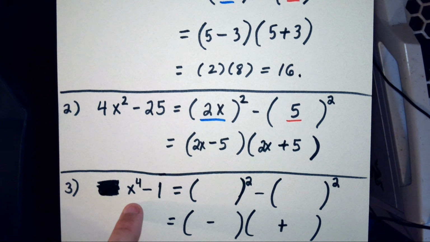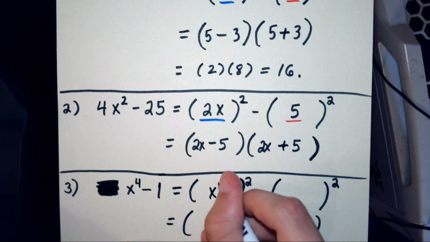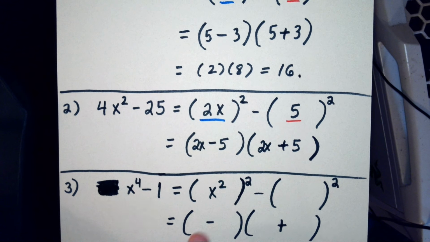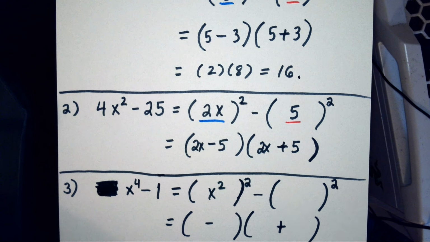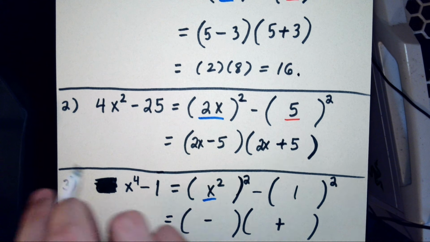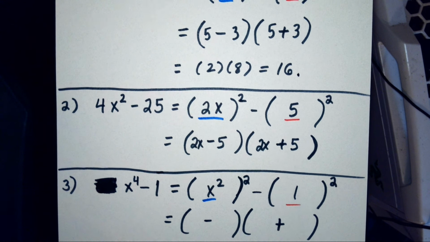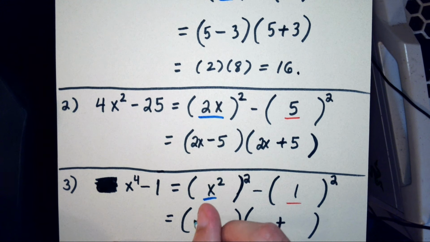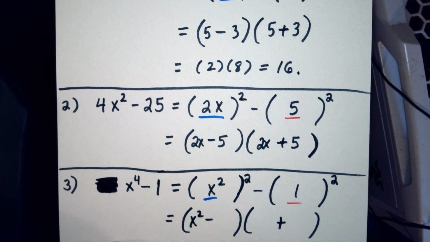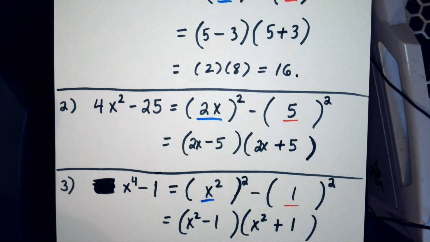Well, the square root of x to the fourth is just x squared. So that's your a in this case, and the square root of 1 is just 1. So that is b. Now we just write a minus b times a plus b, so x squared minus 1 times x squared plus 1.